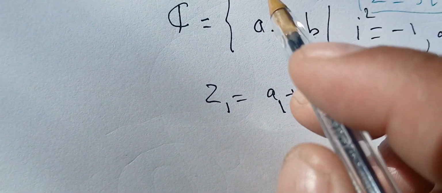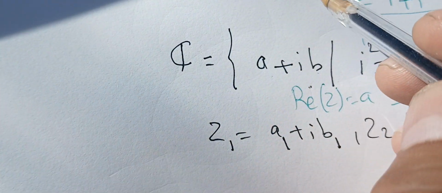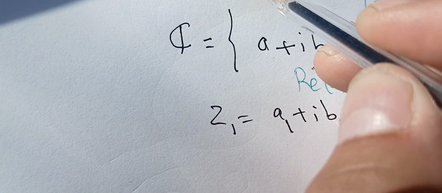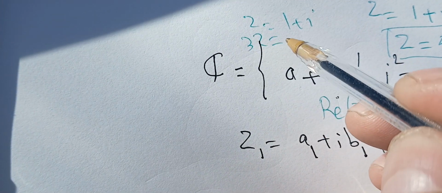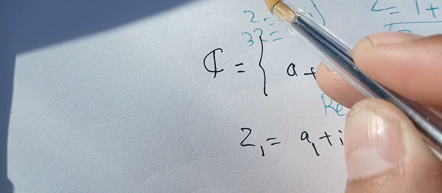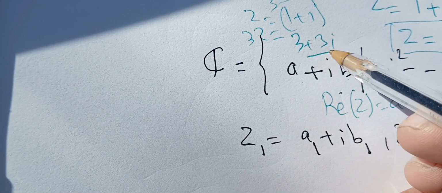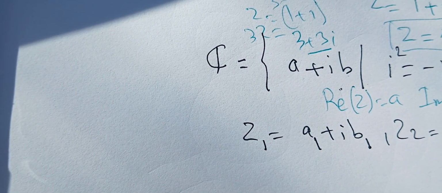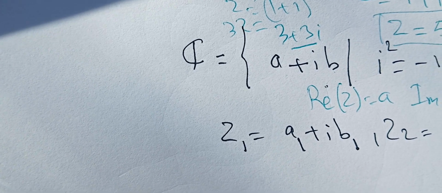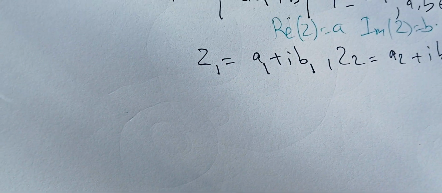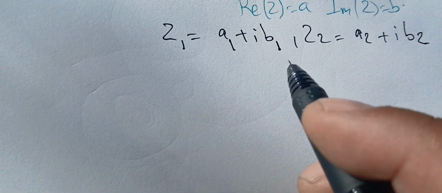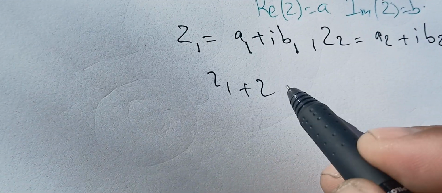What do I mean by scalar multiplication? So for instance, you have z is 1 plus i. So what's 3z? 3z is just you multiply and you distribute. So it's 3 plus 3i. But first, the early operation that we need to define is addition. So what's z1 plus z2?